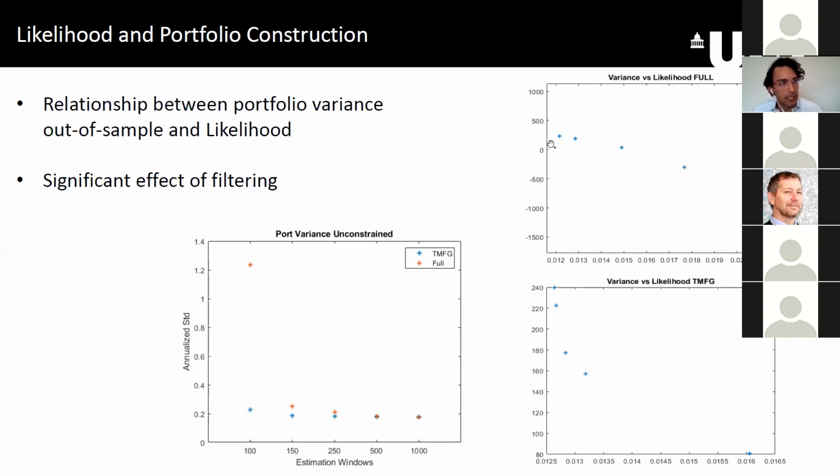As you can see, in both cases there is a relationship, with the variance diminishing as the likelihood increases. However, this relationship is much clearer when the filtered matrix is used.